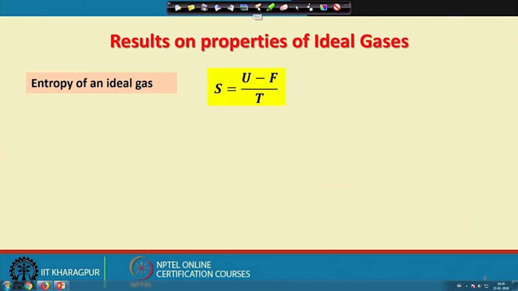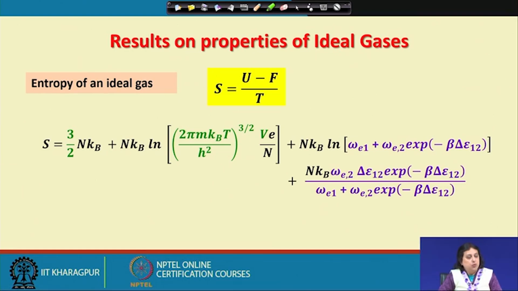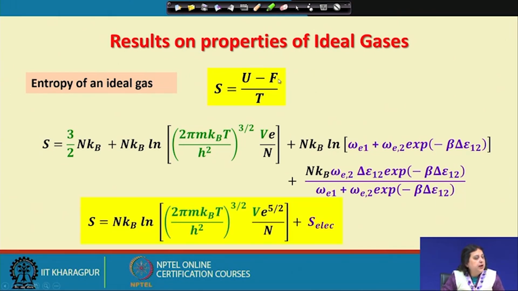When you do this little bit of algebra, this is the expression that you get. So, I have used the expression for U that I have derived over here, I have used the expression of F and then taken the difference, and I am going to collect some of the numbers separately and give you the final expression as this.